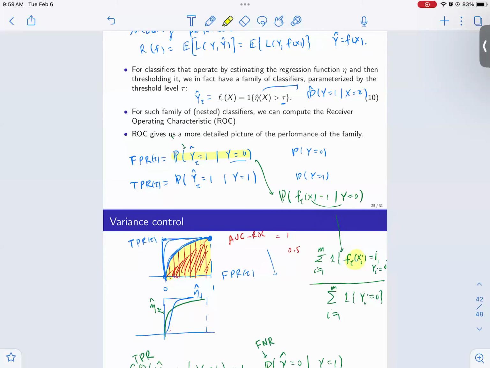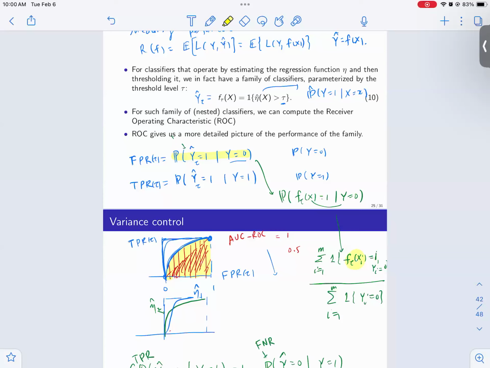So you can just sort all these values and move your threshold along those values. In between, it's just flat. So in practice, you have a stepwise approximation. All that we need to know about ROCs.